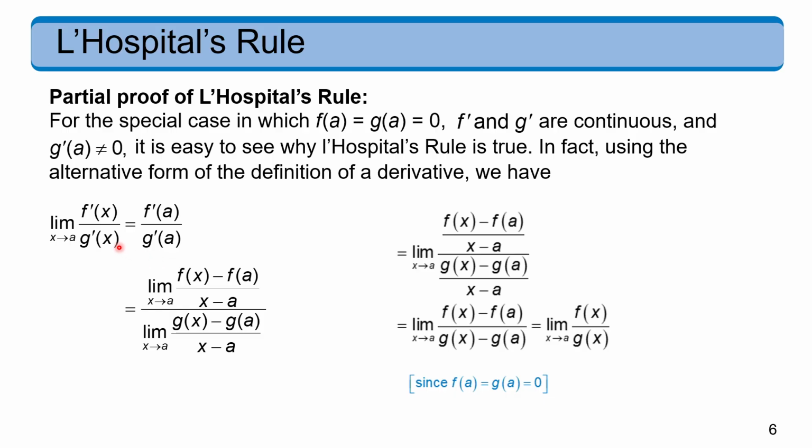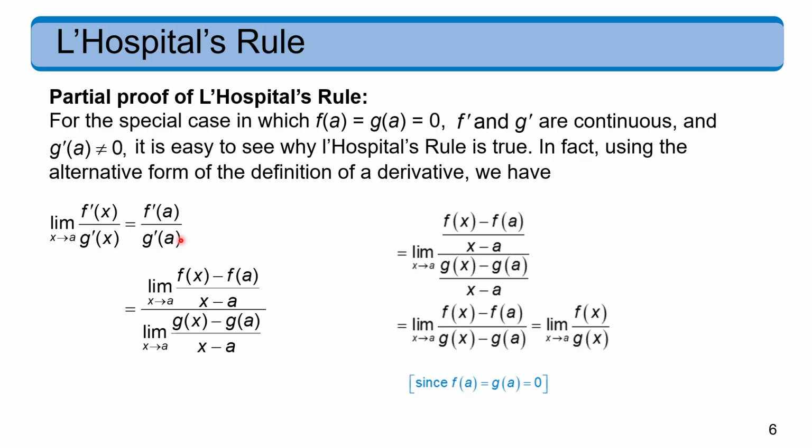The other is we assumed f prime and g prime are continuous, so that means the limit of f prime can be evaluated with direct substitution. That's the definition of a continuous function. So that means the limit of f prime of x is equal to f prime of a. Same thing for g prime because we assumed it was continuous. So that gets us to here.